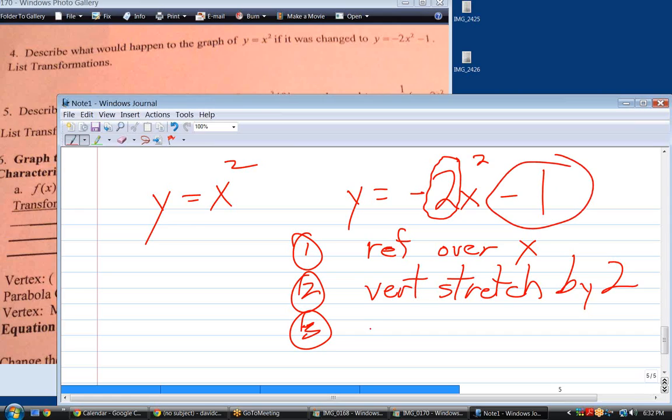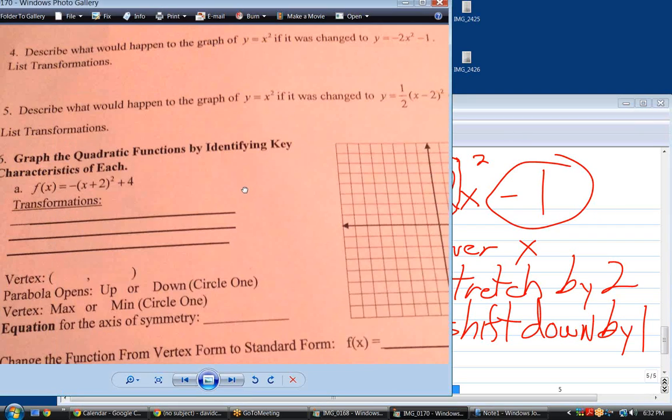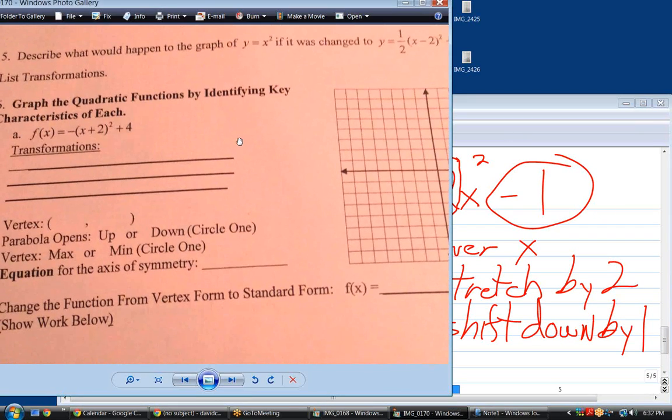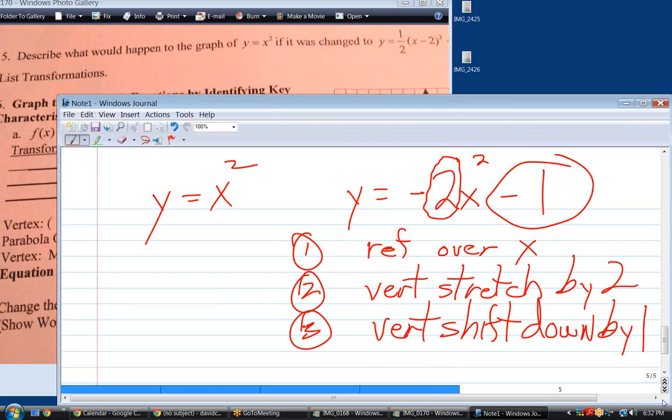Is that a vertical shift of negative 1? Vertical shift down by 1. Okay, good. I think you are in pretty good shape with that. Let's see, how about number 5?